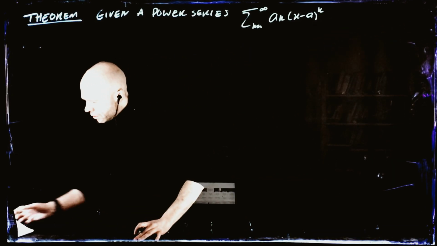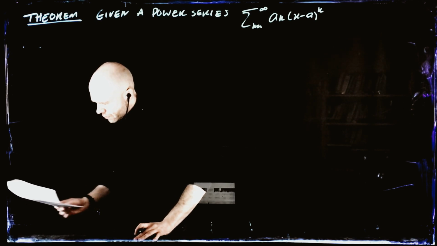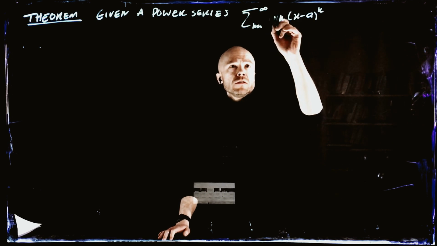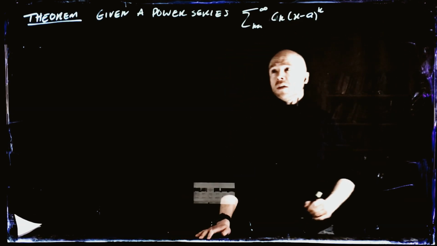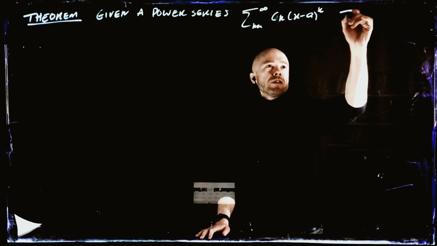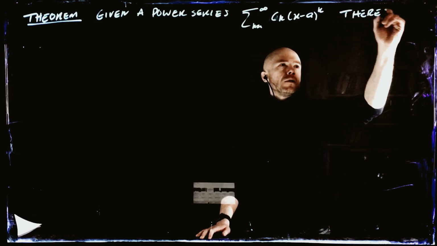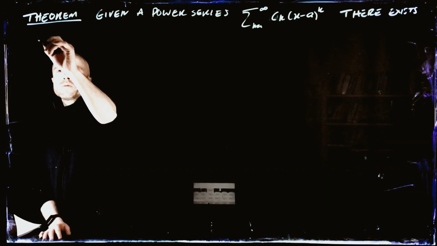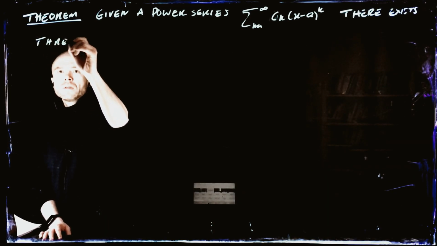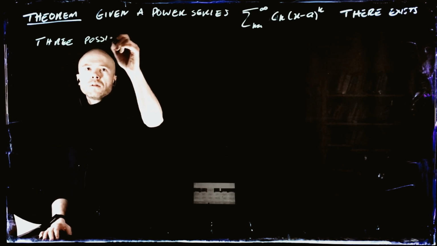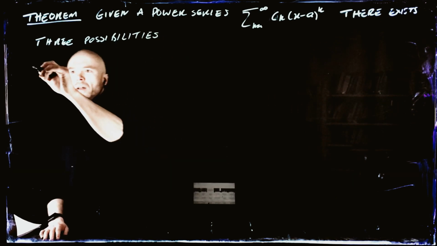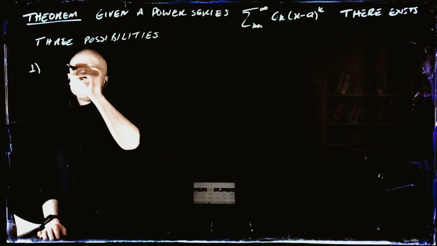Does the book use a or a different letter? It uses ck, so let's follow the book. Don't have too many k's, too many a's. Given a power series like this, there exist 3 possibilities. Possibility 1: the series does not converge at all, except when x equals a.